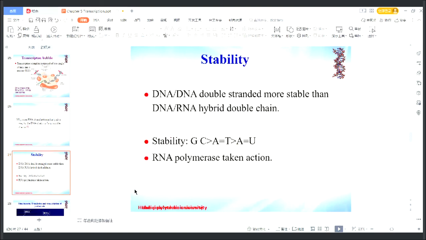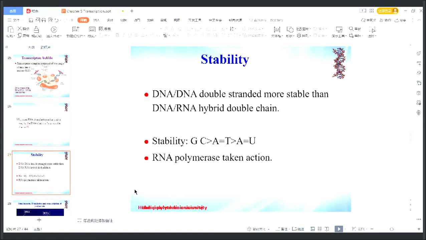The DNA double helix structure is more stable than the DNA and RNA hybrid double strand. Another thing you can see is stability of the base pairs: GC base pair is more stable, AT is more stable, and it is very weak for the AU.